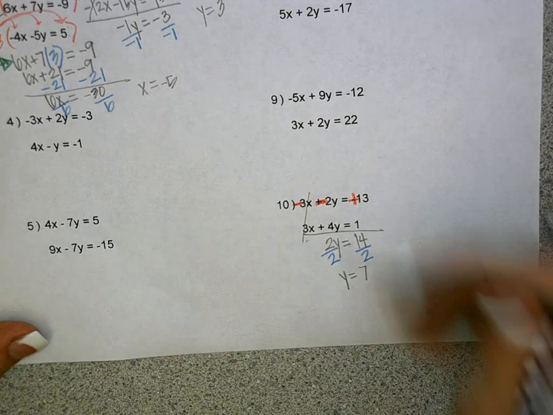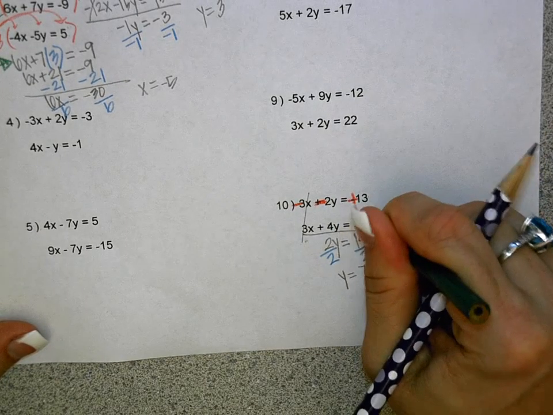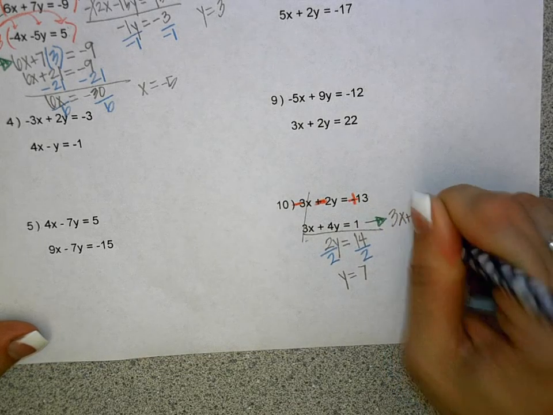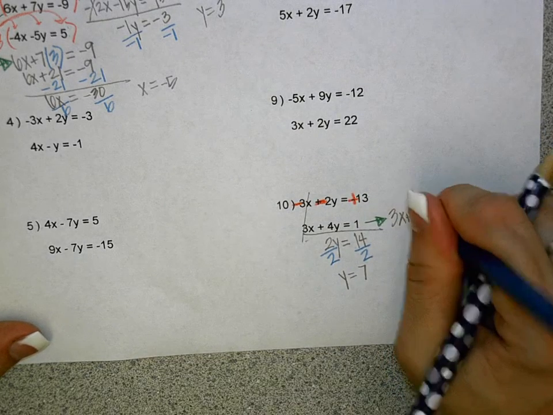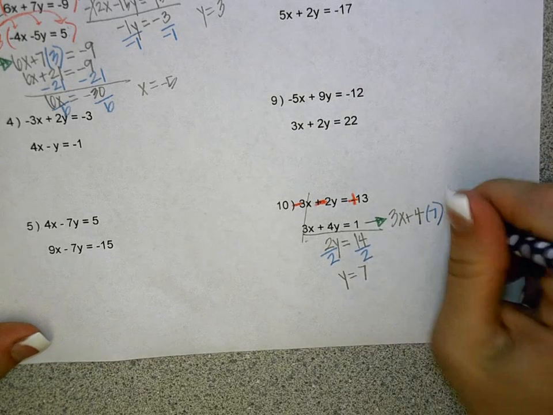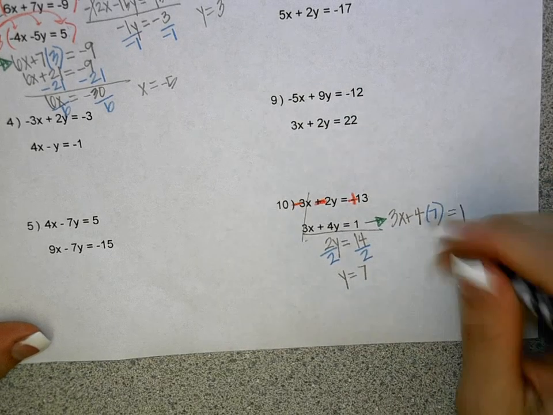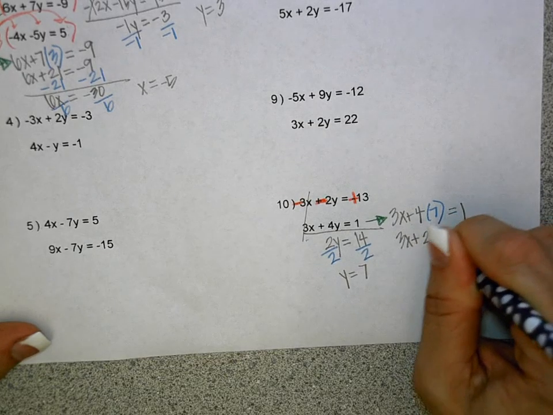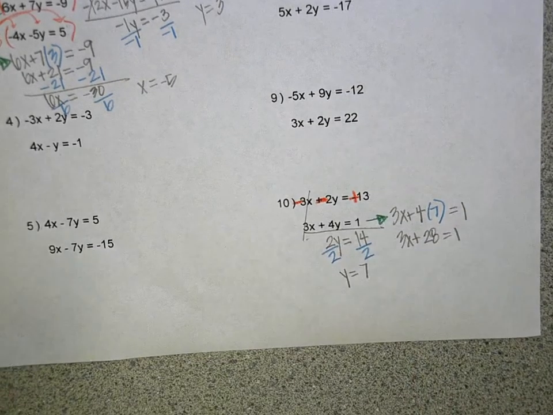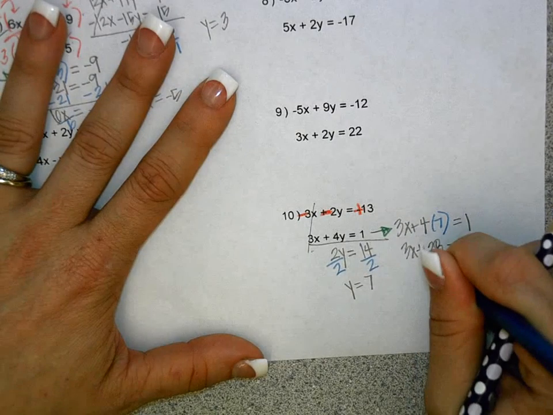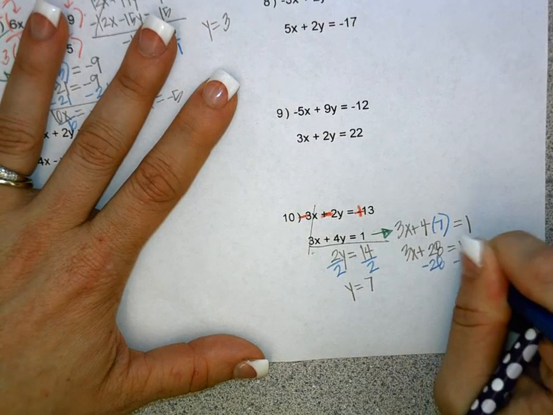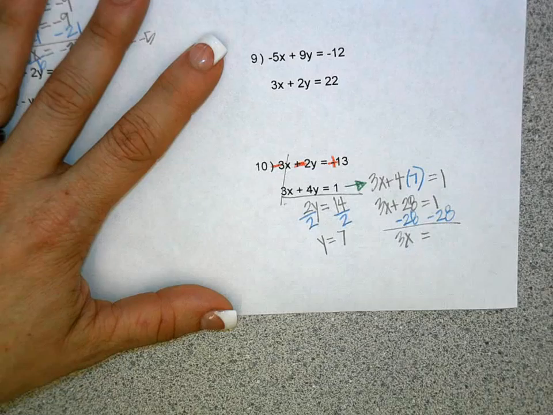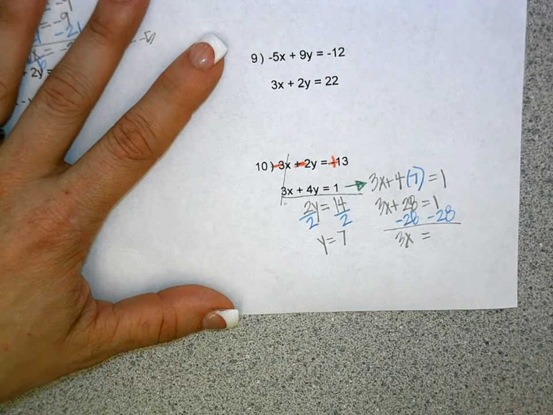Take one of your equations, it does not matter which one, and plug in. So 3 times x plus 4 times 7 is equal to 1. 3x plus 4 times 7 is 28, is equal to 1. Move the 28 by subtracting it from both sides. 3x is equal to, what's 1 minus 28?